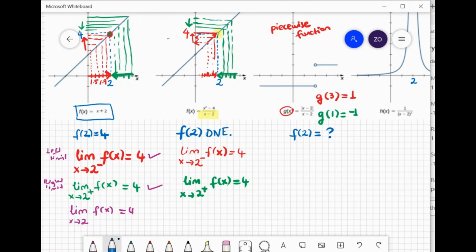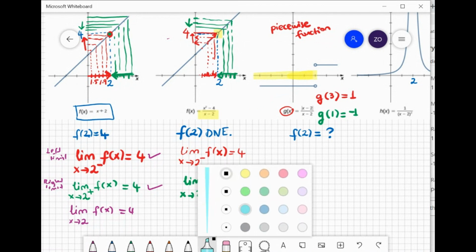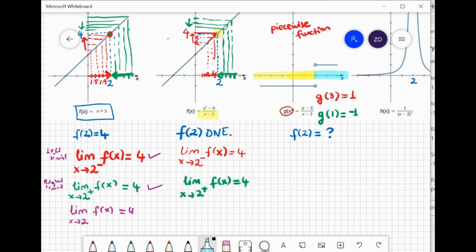Yes, piecewise means two different graphs. In fact, more precisely, it means we divide the interval, the number line, into different parts, and the function is defined differently in those two parts. So you could get two different graphs. That's right, because the function is defined differently in different regions.